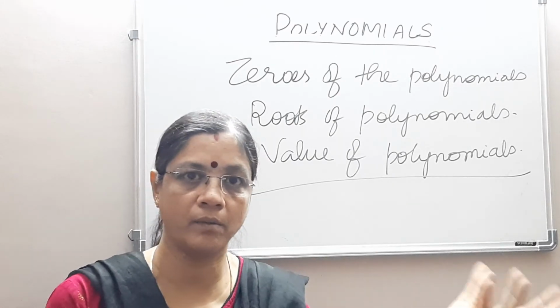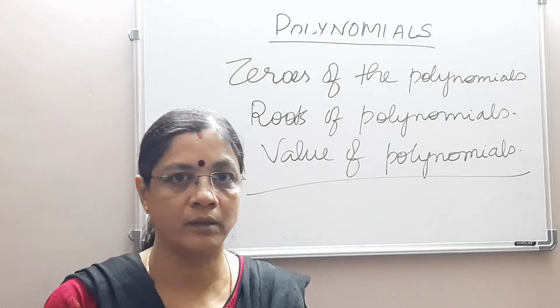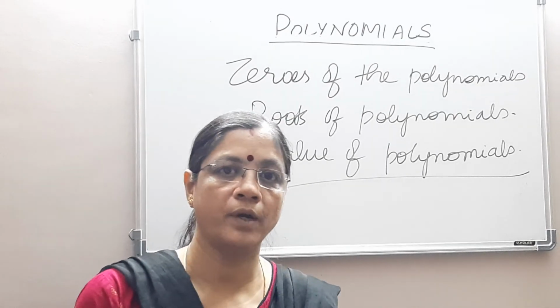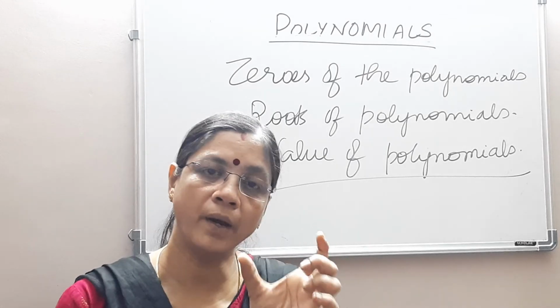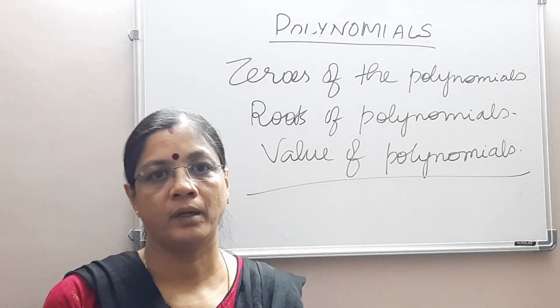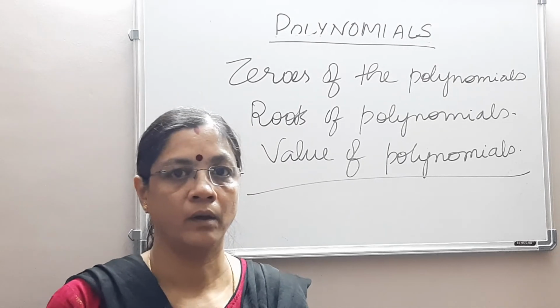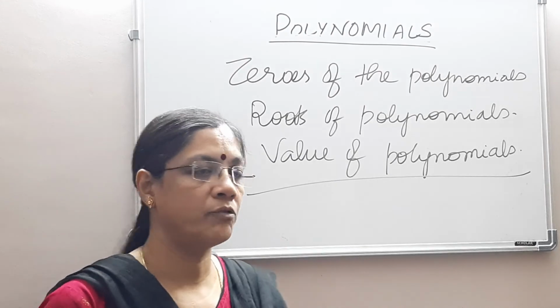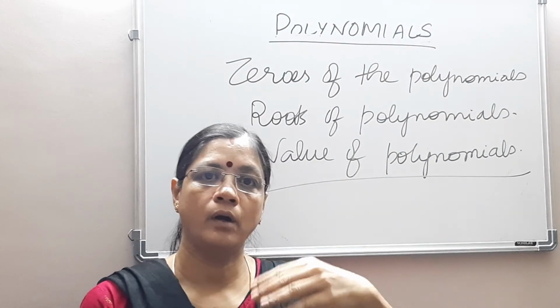If I put x is equal to minus 5, then minus 5 plus 5 becomes 0, isn't it? So x takes the value minus 5. That minus 5 is known as the zero of the polynomial or root of the polynomial or solution of the polynomial.